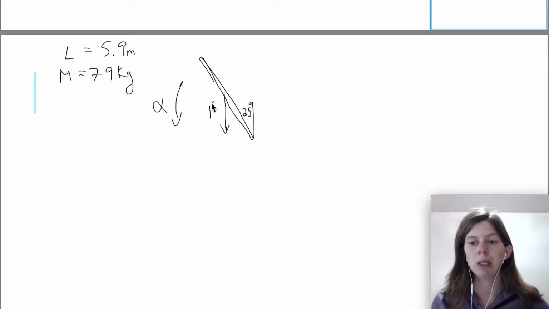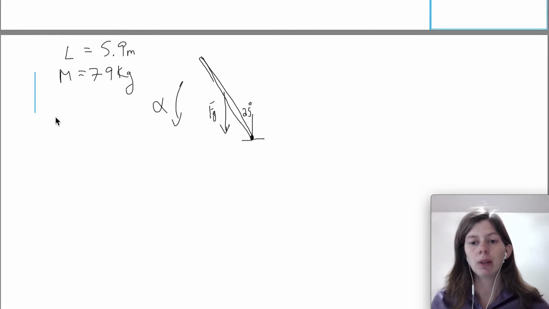So that's going to be the force that causes the rotation. There are some forces where that stick touches the ground, but forces at the pivot point don't cause any rotation because they have no distance from that pivot point. So we only care about the weight, which is producing that rotation.